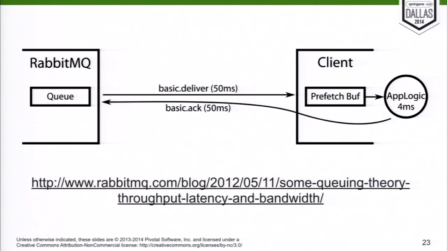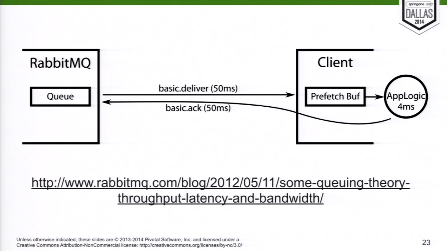So we have RabbitMQ and we have a queue, right? And the queue, for example, is sending a message to a client. The client will do something and then ack the message back. So there are many things that can change here.